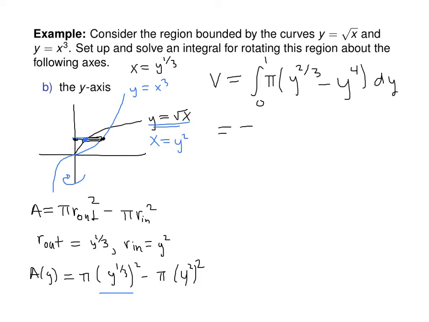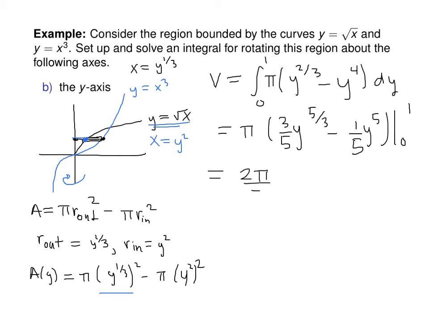So that will be pi times the antiderivative of y to the 2/3 is y to the 5/3 times 3/5 minus 1/5 y to the 5th, evaluated from 0 to 1, giving you 2 pi fifths.